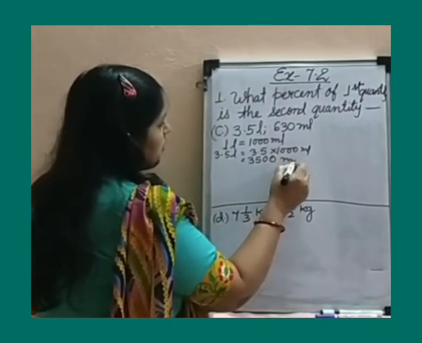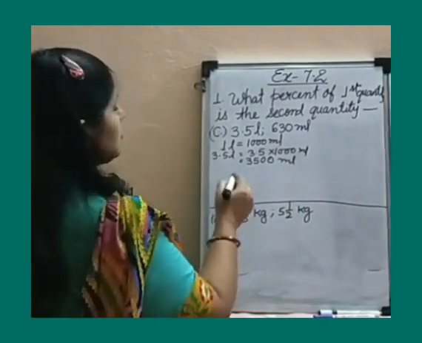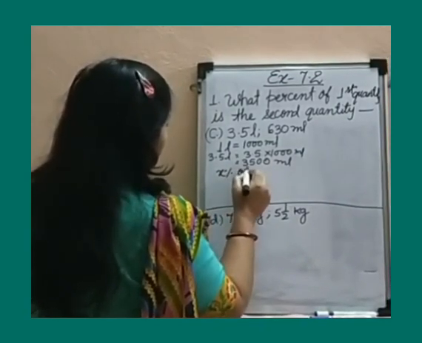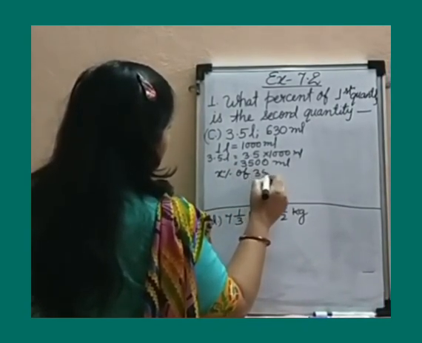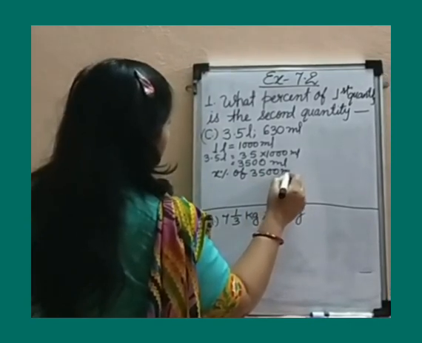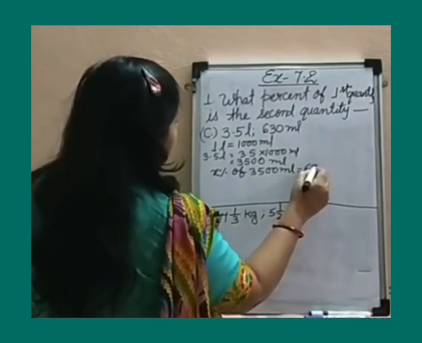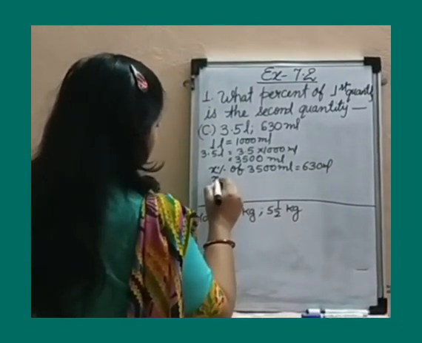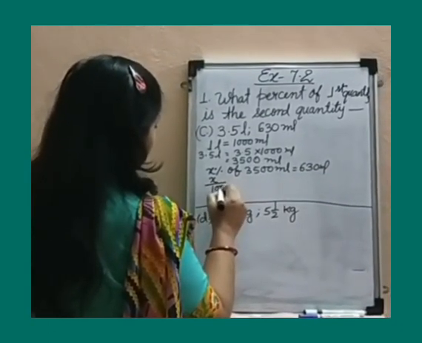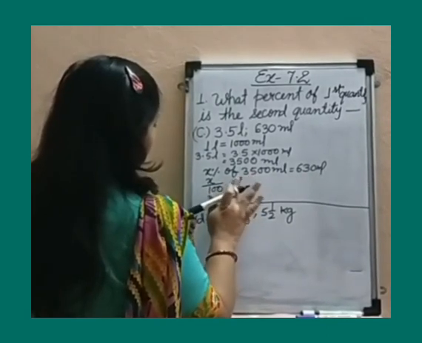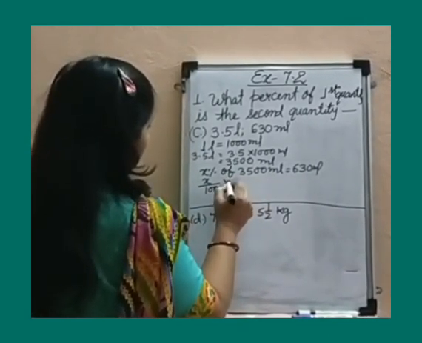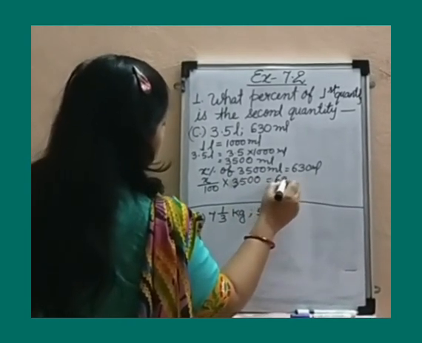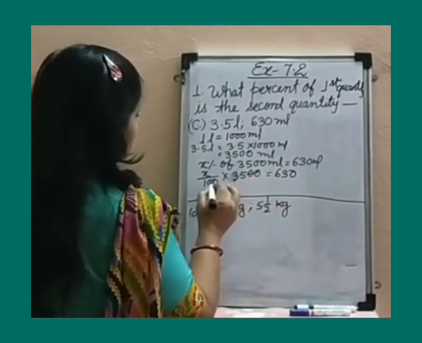It means 3500 milliliter. Now suppose x percent of 3500 ml equals 630 ml. So x upon 100 multiplied by 3500 equals 630. Cancel the 0 and 00.